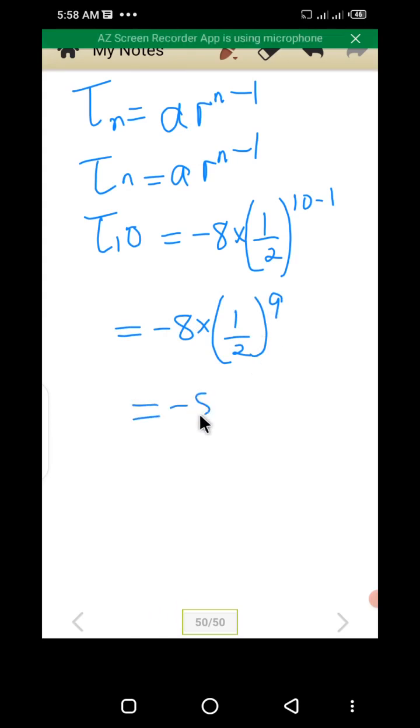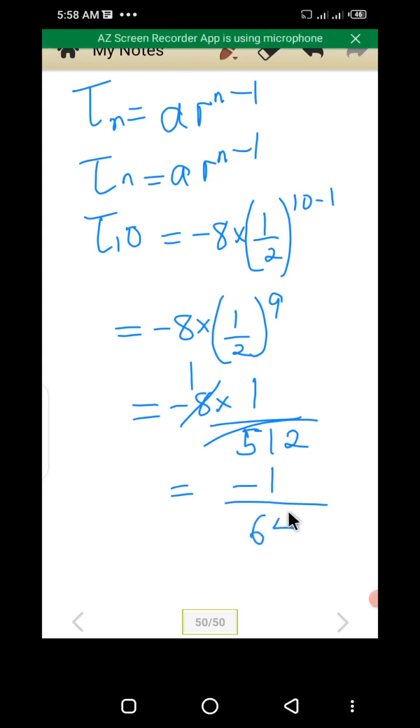We have -8 times 1 over 512. So 8 into 512 gives 64, making -1 over 64.